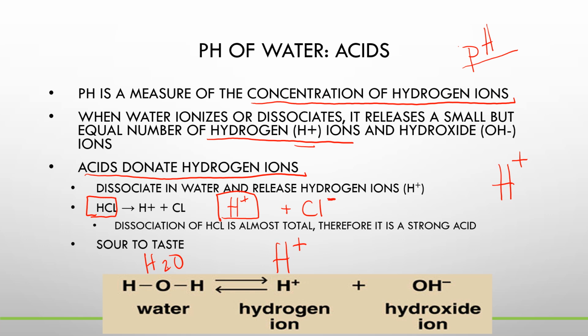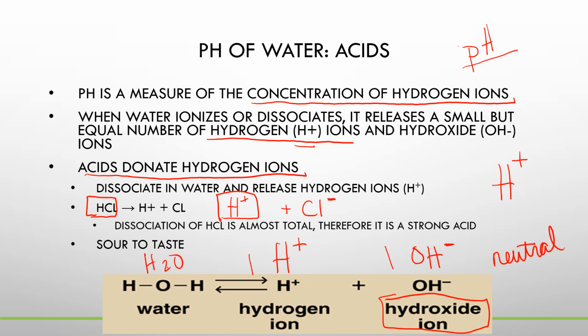And if you remove a hydrogen, what you're left with is an O and an H, and that has a negative charge. That's also called a hydroxide ion. So when water ionizes, it forms one hydrogen ion and one hydroxide ion in equal concentrations. So water is considered to be neutral because it has equal numbers.